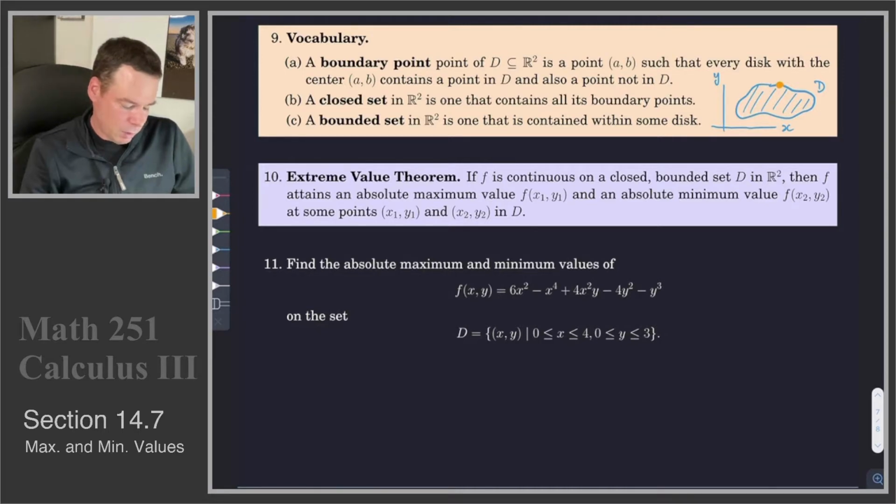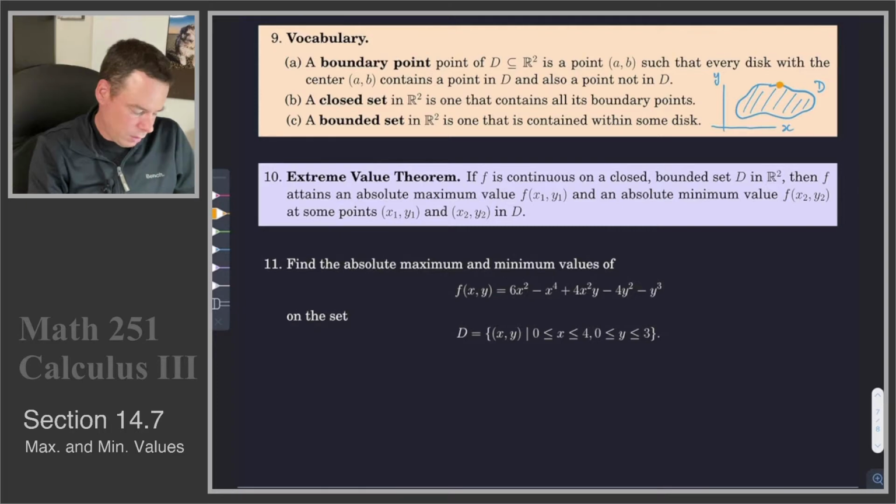The statement of the theorem says that if f is continuous and the set that we're looking at it on, the domain, is a closed and bounded set, then f must have an absolute maximum value, and it must have an absolute minimum value.